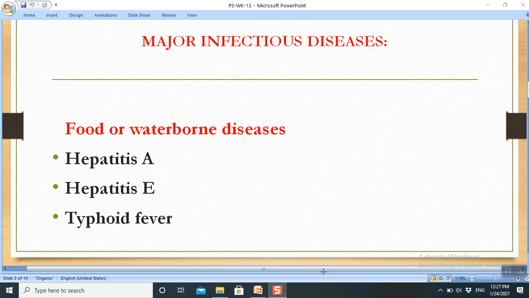So by any means these fatal substances and organisms can create problems.